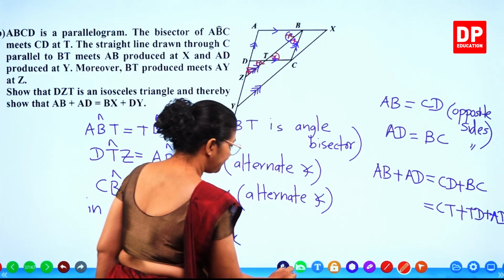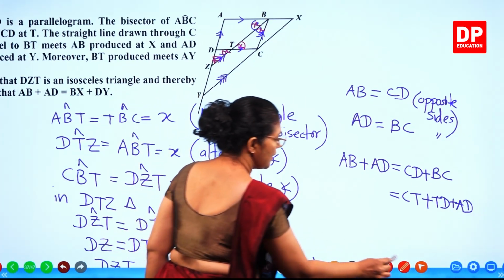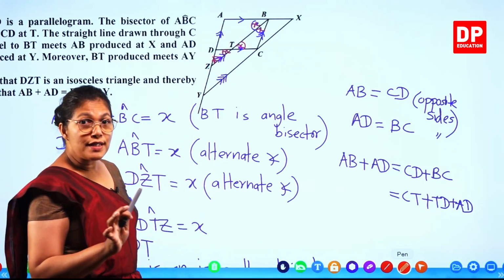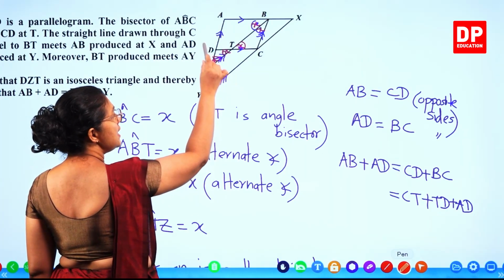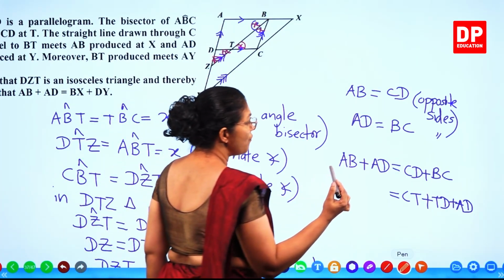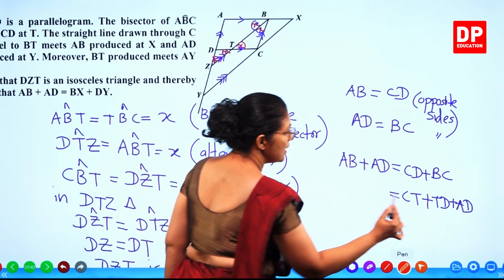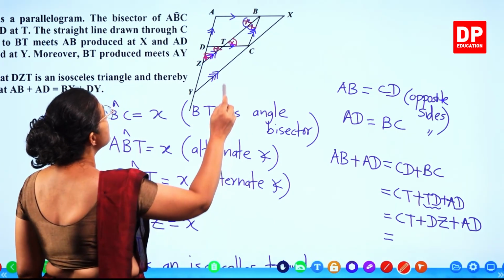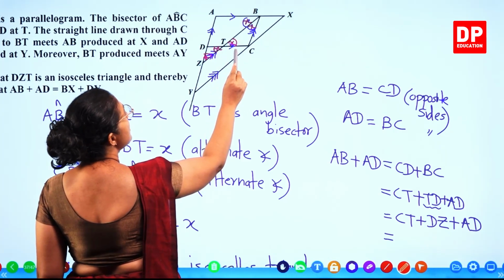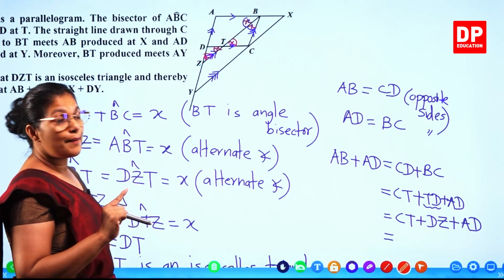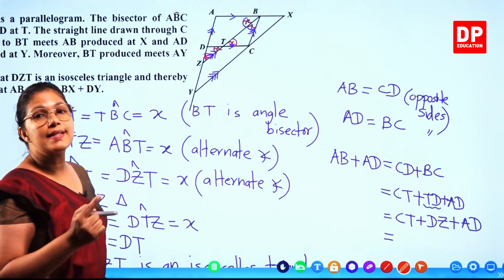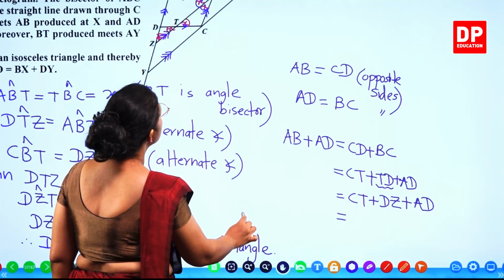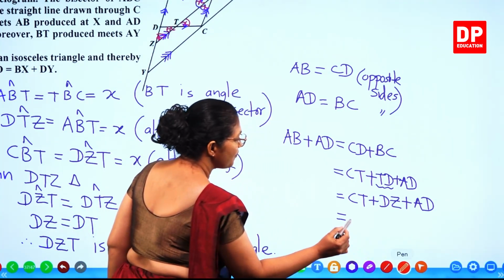What can you get here? We are getting CT plus TD. But from the first part, we found DT is equal to DZ. So instead of DT, I can write DZ. CT is this one. CT is the same as BX. Why? Because BXCT is a parallelogram. So we can write down that BXCT is a parallelogram.